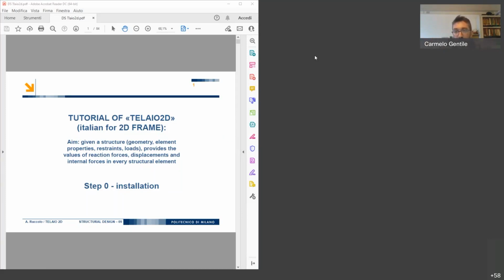You have seen it several times, idealizing the structures in plane frames, okay? And each element is, for what you've seen so far, just a line. We have seen restraints, you have seen loads, and so on. Loads can be both forces or couples of forces, so moments.